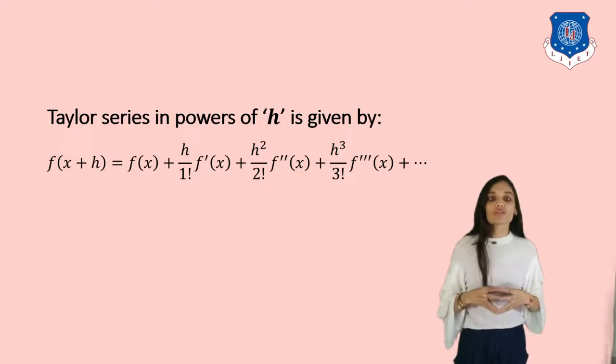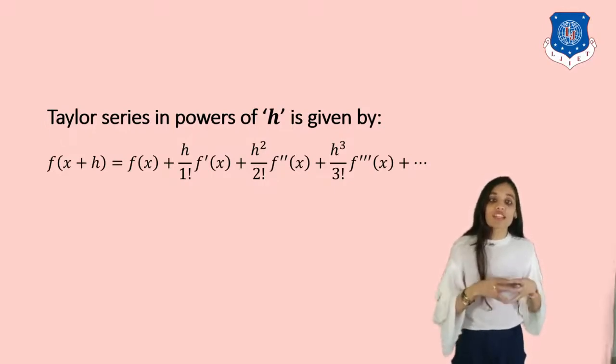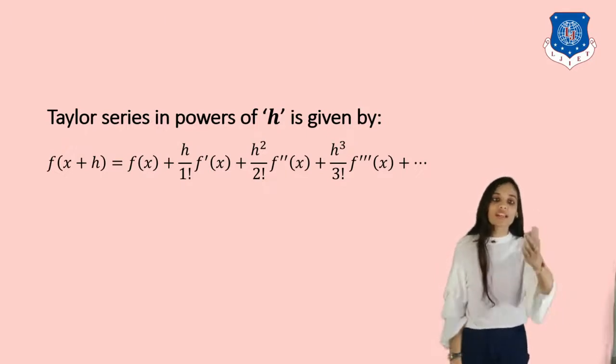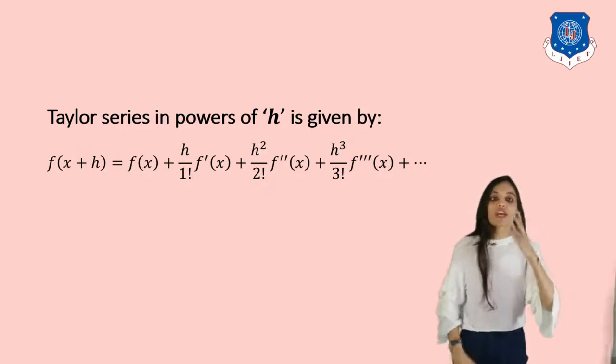So whenever you are asked to find the Taylor series in powers of h, such as the examples you have seen in my previous videos, like square root 36.12, in such type of sums you will use Taylor series formula in powers of h.